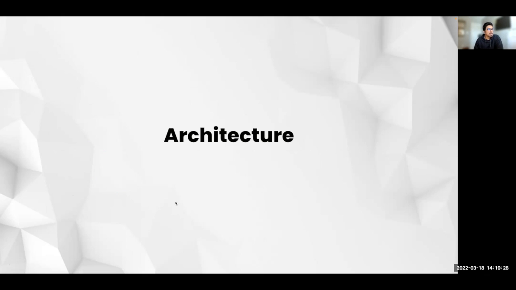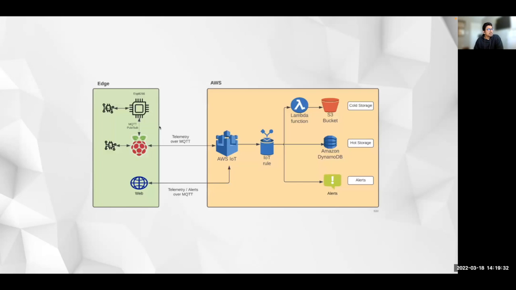So let's talk through the high-level architecture. As you can see here, we have two components: one is the edge and one is the cloud. For this, I have used AWS as the cloud provider. I've had experience with Azure developing an enterprise solution, and also with AWS cloud working on IoT.